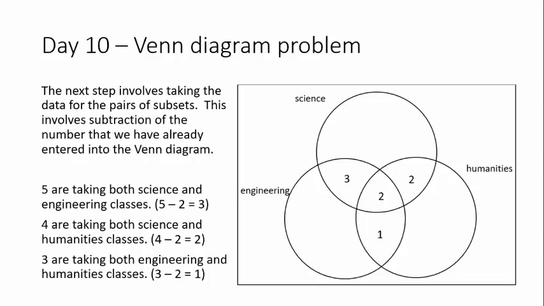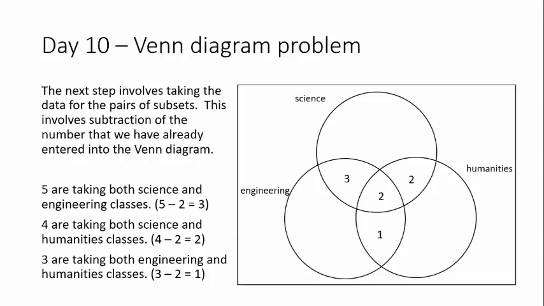We're told that 5 students are taking both science and engineering classes. Notice that science and engineering overlap, and really that intersection is split by the place where we already had the 2.